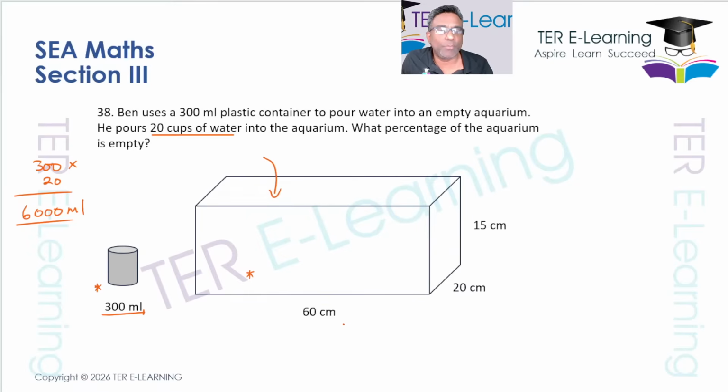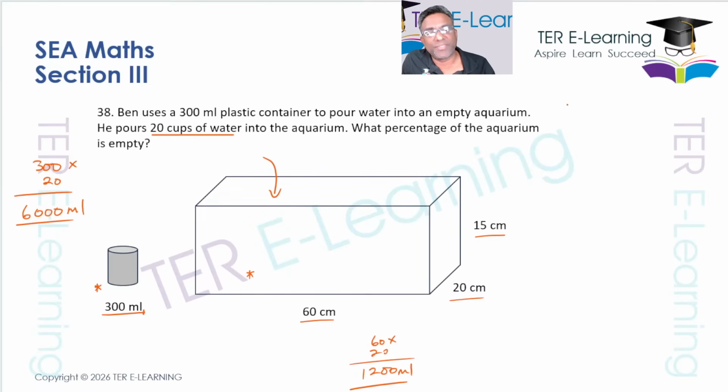Now I'm going to work out the total capacity of the aquarium. To do that, we have to take 60 multiplied by 20 by 15. 60 by 20, you'll get 6 2s are 12, so that's 1,200 milliliters.